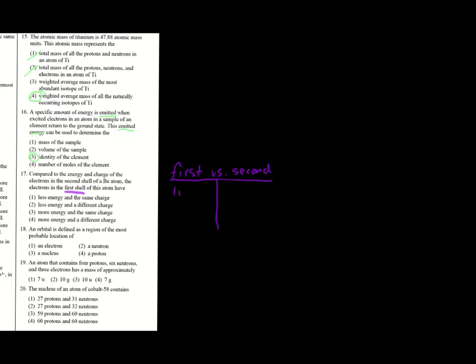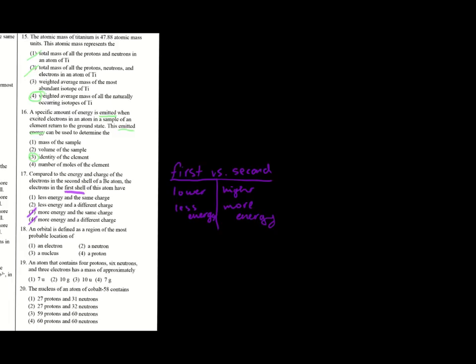First is lower, second is higher. Because it's in a lower level, first energy level has less energy. And then second level has more energy because it's higher. Okay, so we could cross off, focusing on the first level, we could cross off 3 and 4.